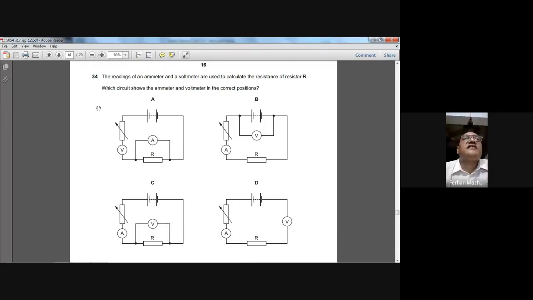So the correct arrangement is shown in C. A voltmeter is connected in parallel to R, and an ammeter and a variable resistor are connected in series with R. So C looks the right answer, sir. 34, C is the choice.